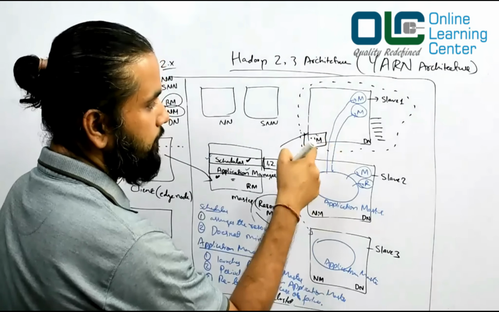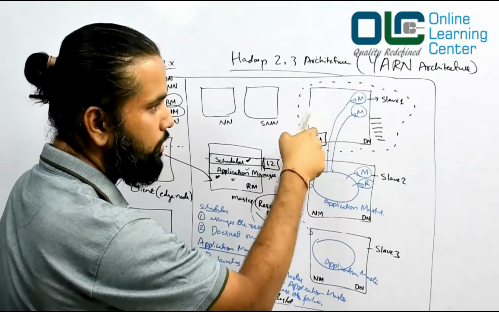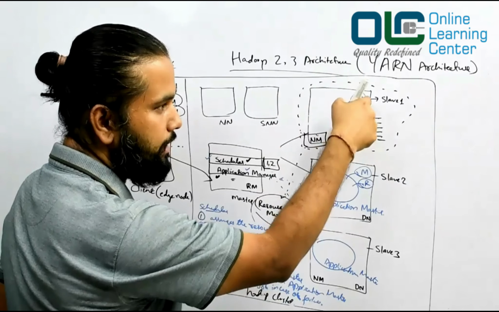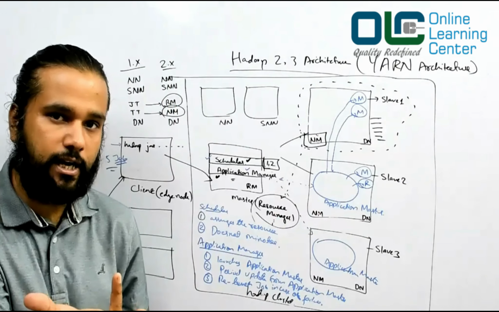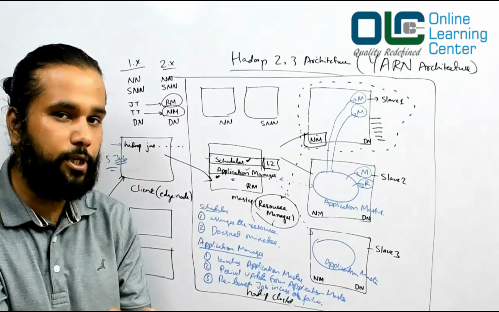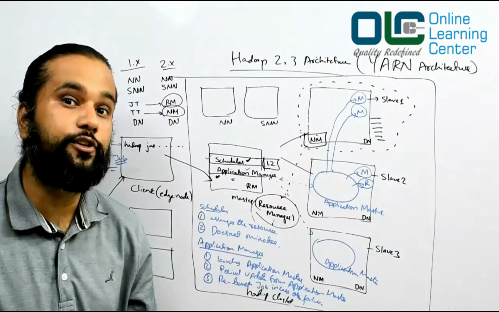This node manager would be installed on each node, and in each node you will see the containers. So whenever a container is initialized, it will take some CPU, it will take some memory, and all this information would also be available with your node manager.